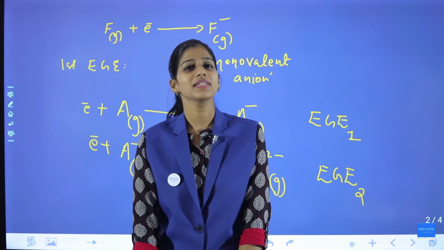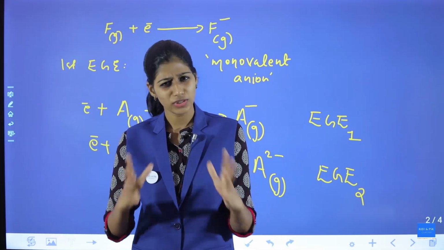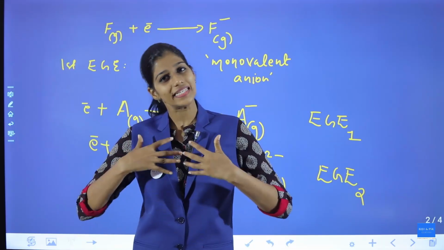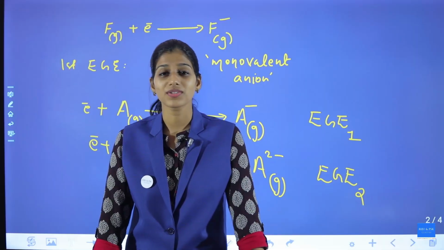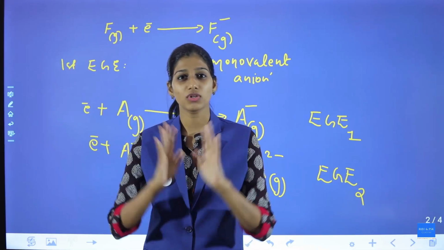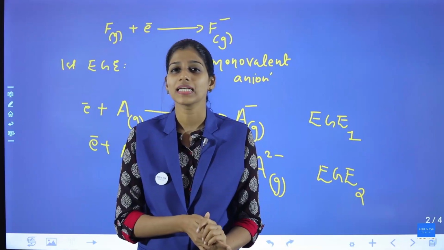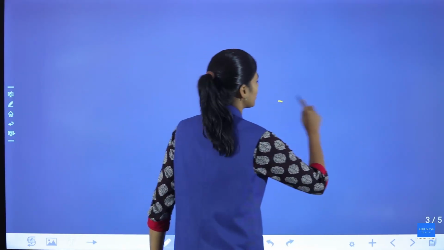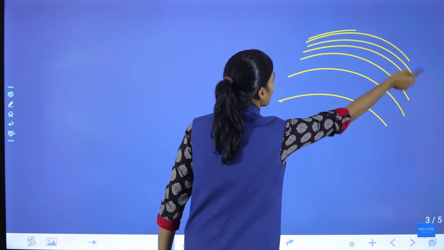So basically, when we consider energies, there are actually two processes. Either energy can be absorbed or energy can be released. So that is exactly the same process when you consider the atomic structure where you had transitions. Spectrum we considered, right? So when we did the spectrum, you had several energy levels, plenty of energy levels, right?